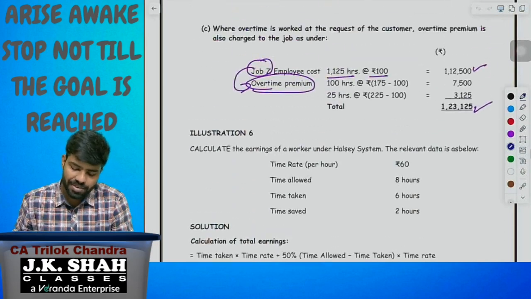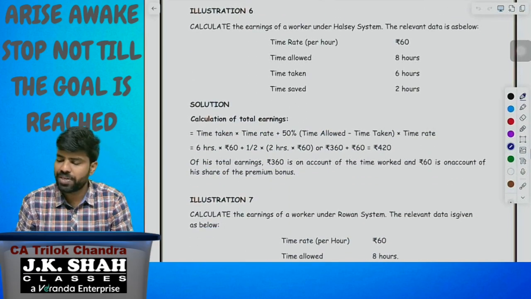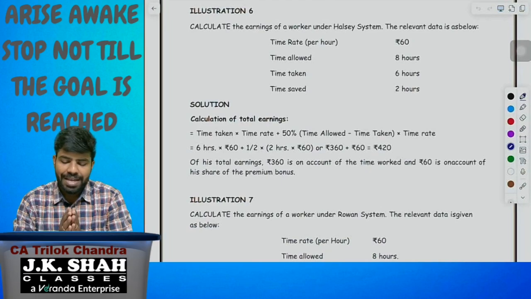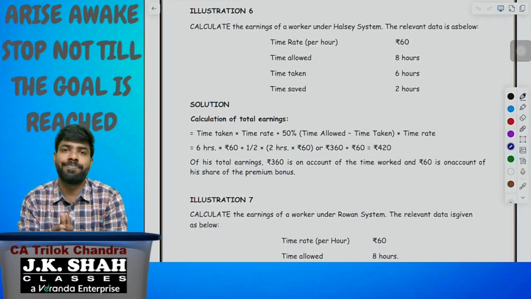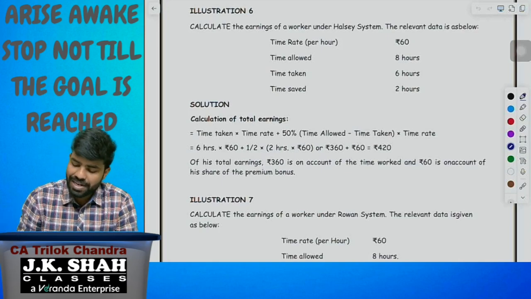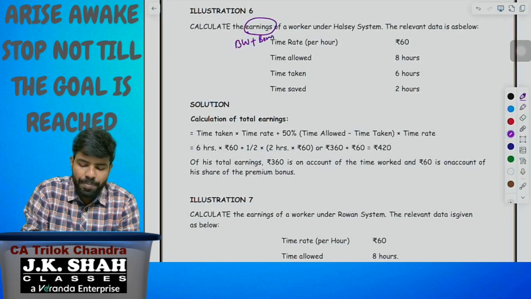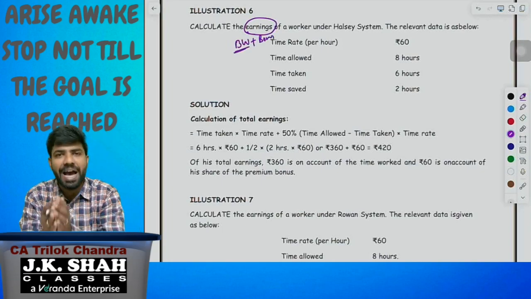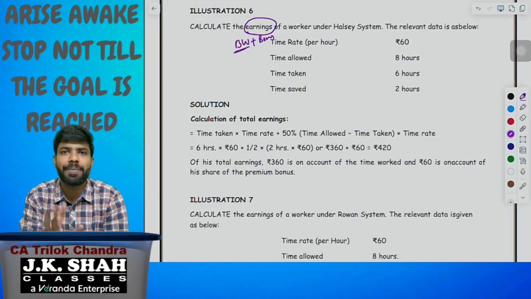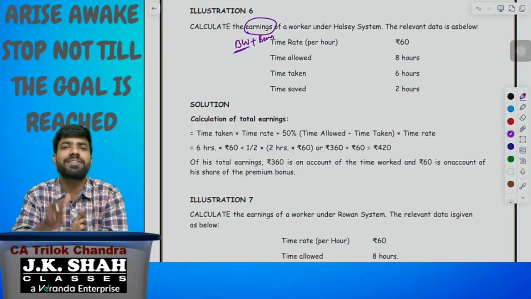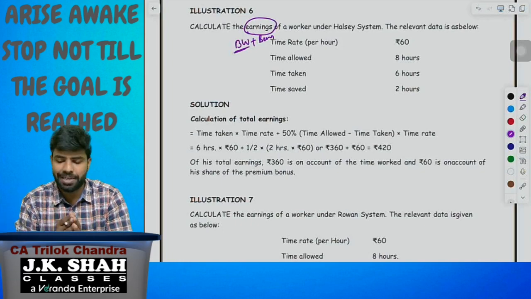Question number 6. We're done with question number 5 in the last video. Question number 6. Look at this. Calculate earnings of worker under Halsey system. They're asking to calculate earnings, which means basic wages plus bonus. Basic wages is hours worked into hourly rate or time taken into timely rate, plus bonus according to Halsey scheme is 50% of time saved into timely rate.